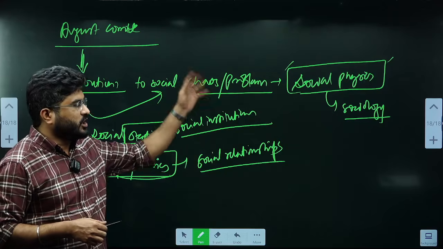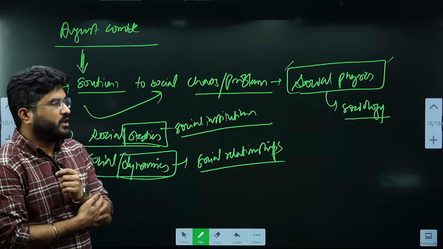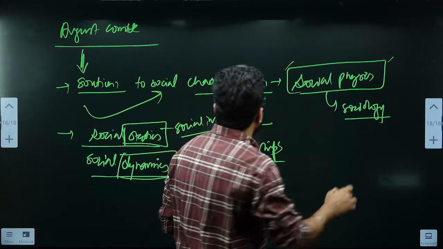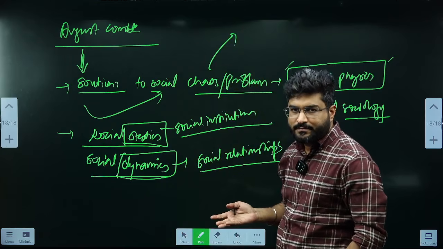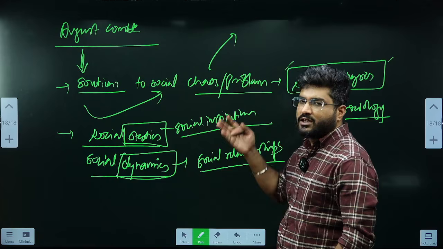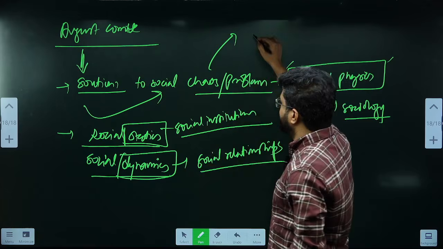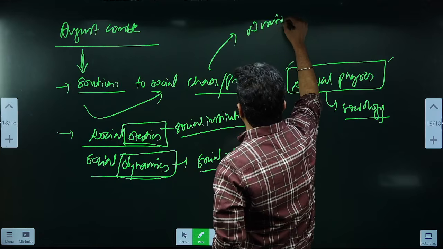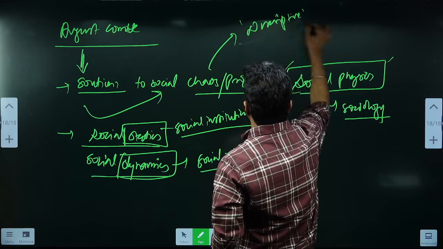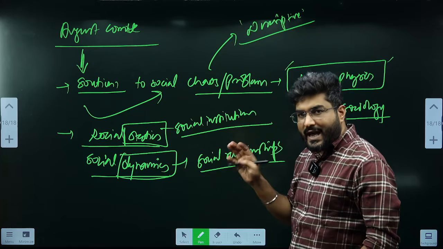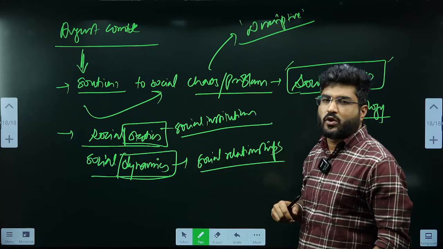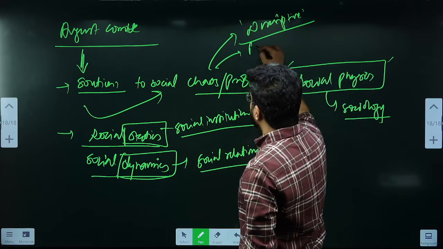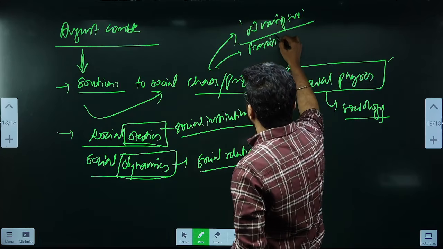And for that, sociology is very much important. So for him, sociology is trying to understand the problems of society, so it is descriptive. While analyzing those problems, it is also trying to find out the solutions to those problems, and hence it is prescriptive.